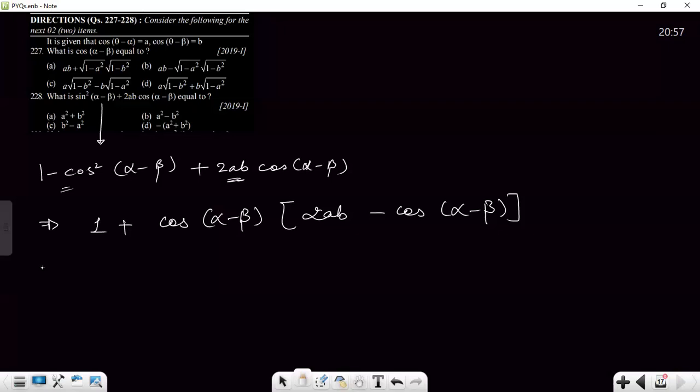Instead of going and doing all of this, let's do one thing which is very easy for us, as always: assuming values.